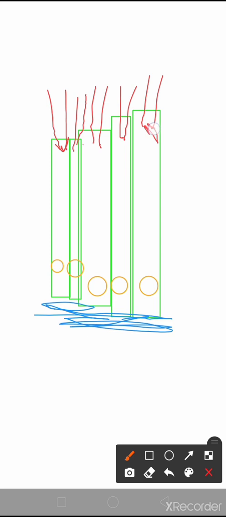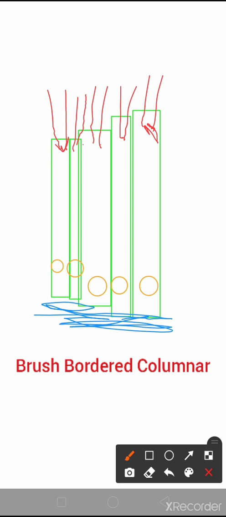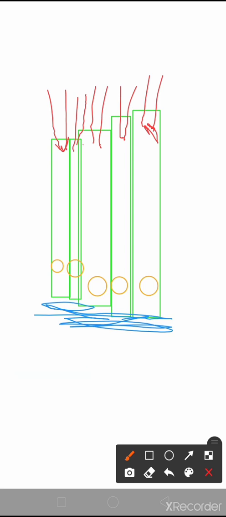Just imagine how our fingers occur from our palm. Like that, the finger-like projection occurs from these very columnar epithelial cells, and in this case this tissue is known as brush bordered columnar epithelial tissue.